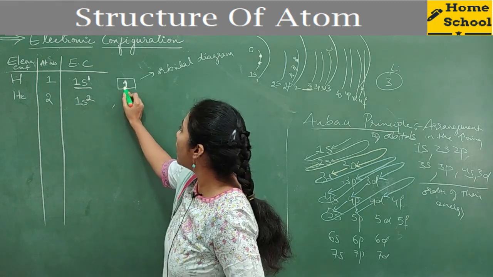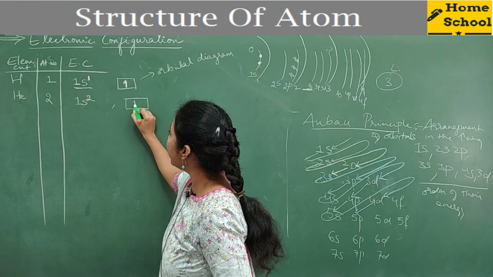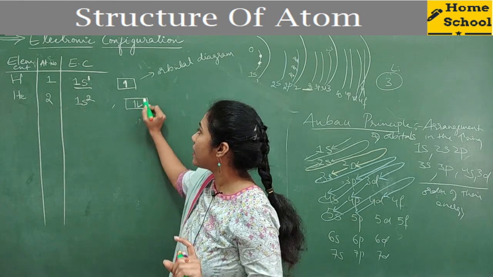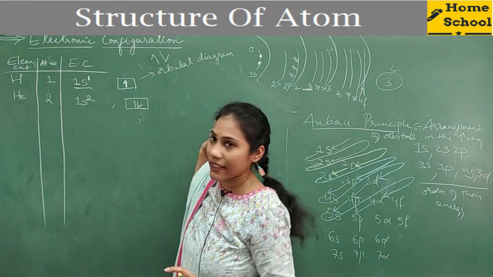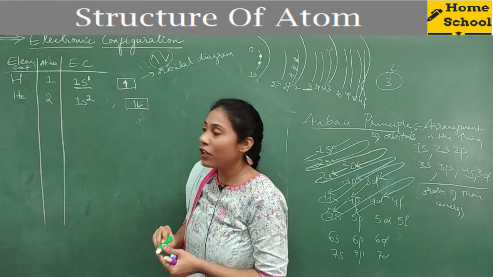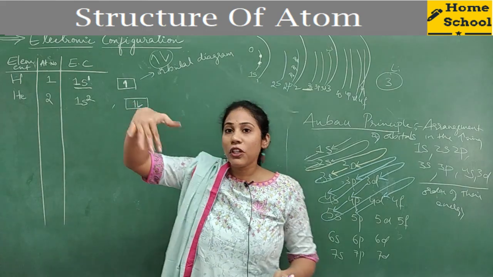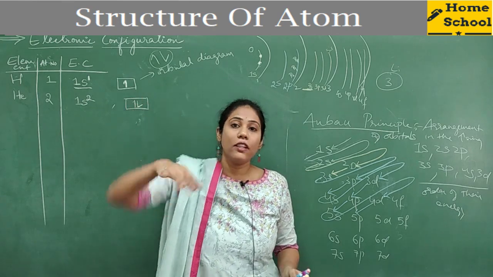And what is the orbital diagram you will put for this? One box. In one box you can put 2 electrons. One electron you indicate like this, the second electron you should indicate like this. What does this mean? It means the spin. One electron is spinning in a clockwise direction, the other electron is spinning in an anti-clockwise direction.